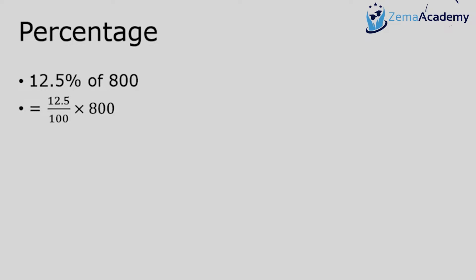So what do I do? Well, I could just calculate it with long division, or with my calculator, I can just do that sum and work out that 12.5 divided by 100 is 0.125, multiplied by 800. Then I could calculate that again.